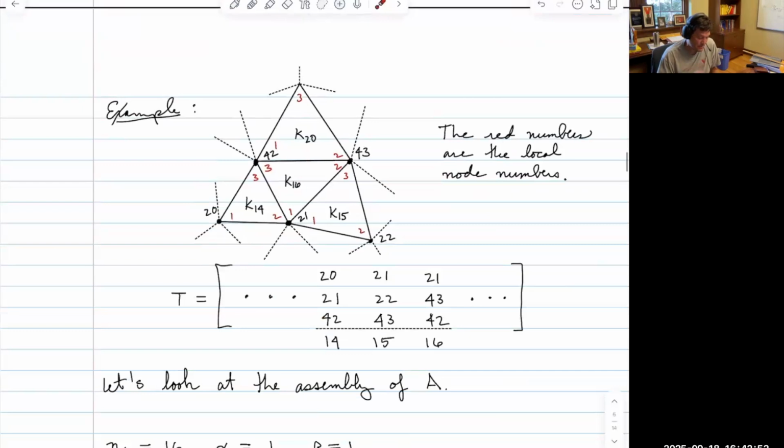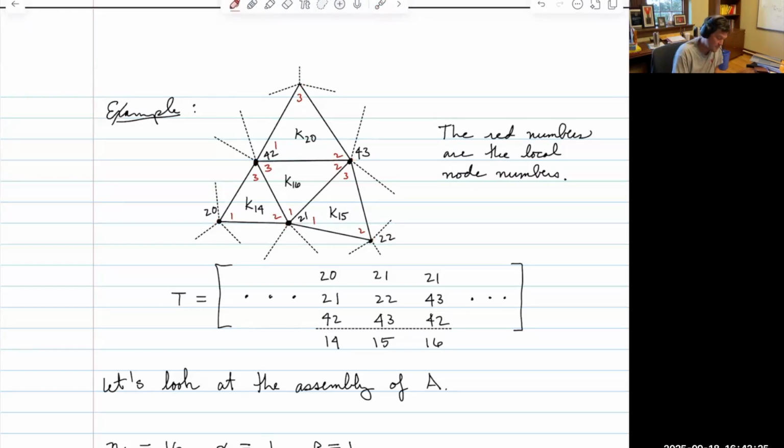Let's do another example. Suppose I have triangles. I'm zooming in at some small part of a really big mesh. The fact that we're deep in the interior here, so triangle 16 is way in the interior. That's how you should view this. That means the boundary is nowhere in sight. So for example, 20, 21, 22, 42, 43, and whatever this guy is.